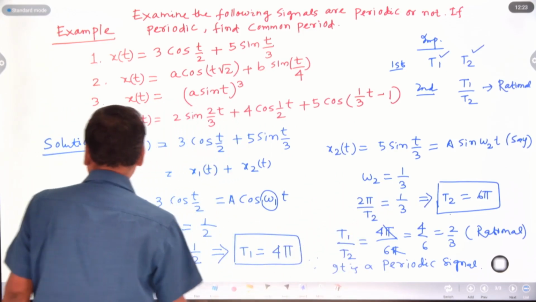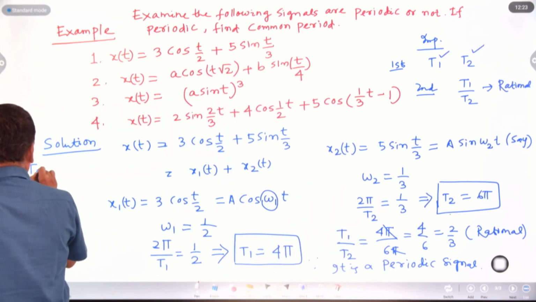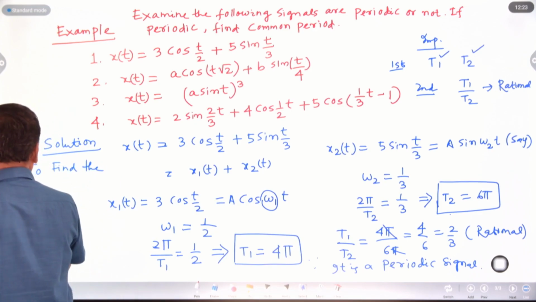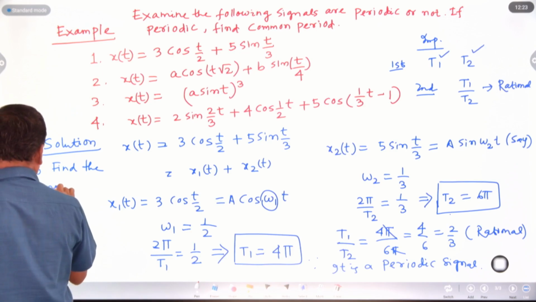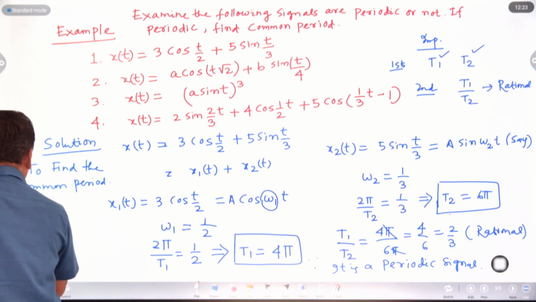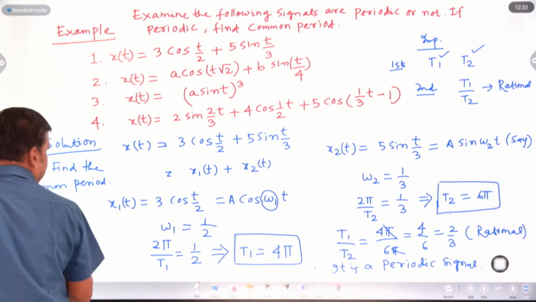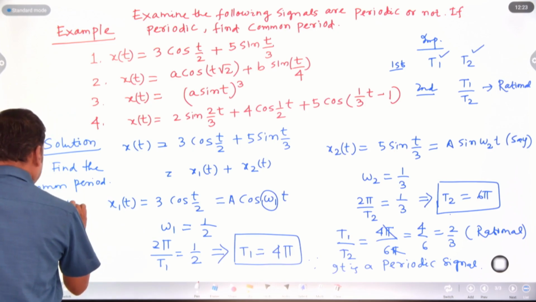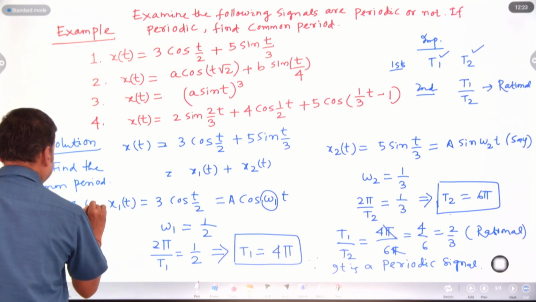To find the common period, take the LCM of T1, 4 pi, and T2, 6 pi.